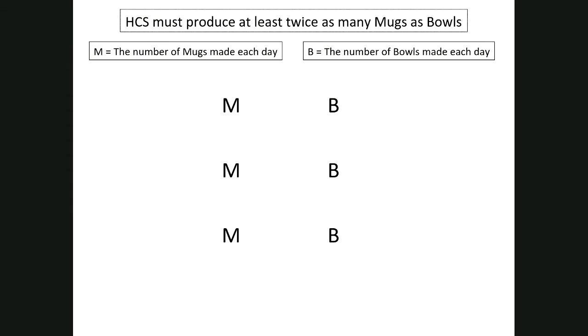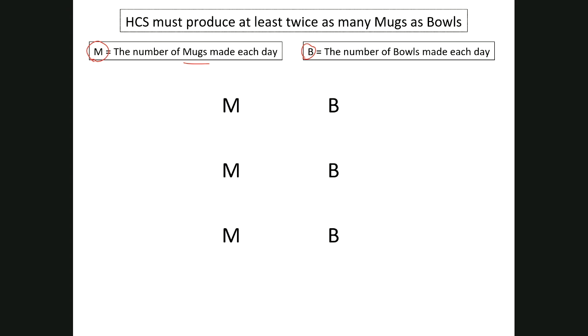So we must produce at least twice as many mugs as bowls. And of course, we want to remember that the number of mugs that we make each day is represented by the variable m, and that's just a letter that stands for a number. And of course, b is the number of bowls. I think you would understand right away that there's a relationship that needs to be satisfied between m and b.